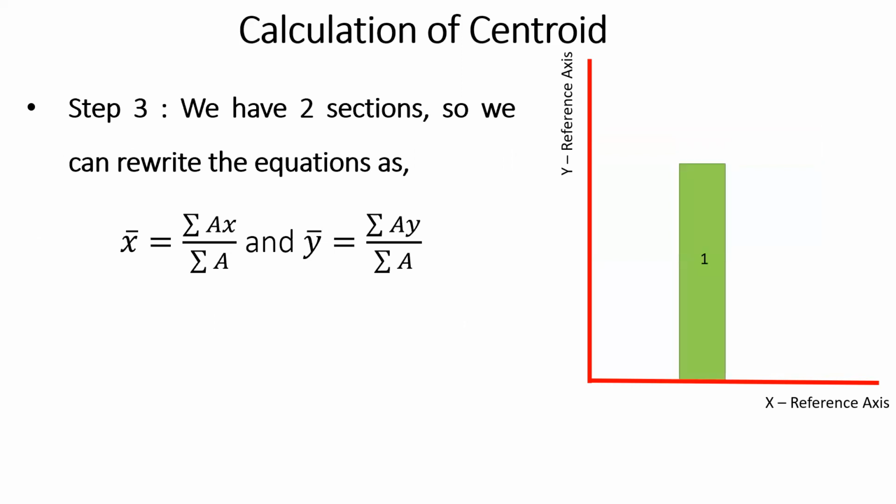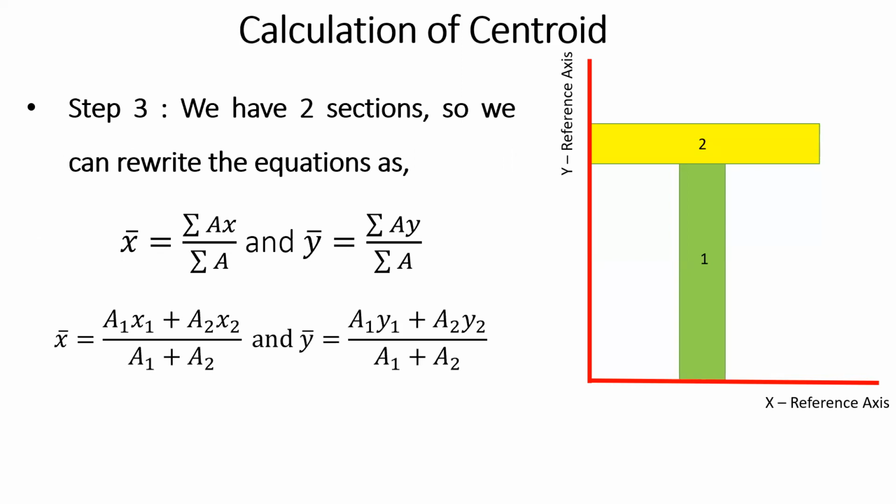We have two sections in our T section, so we need to expand the expression as x bar equals a1 x1 plus a2 x2 divided by a1 plus a2, and y bar equals a1 y1 plus a2 y2 divided by a1 plus a2. If there are more sections, then you have to add the corresponding area and x, y distances accordingly. Here the web will act as section 1 and the flange will act as section number 2.